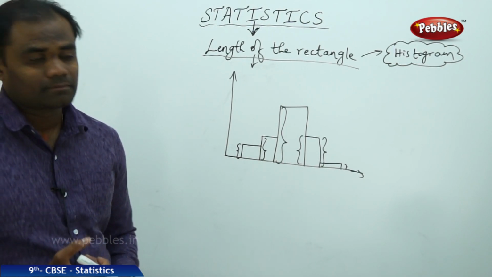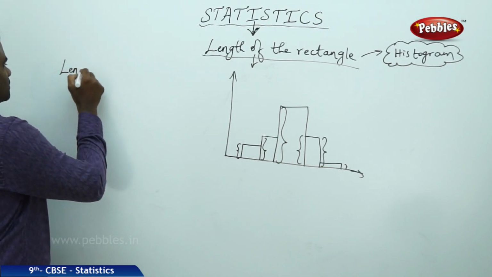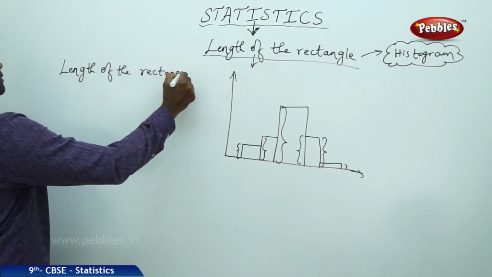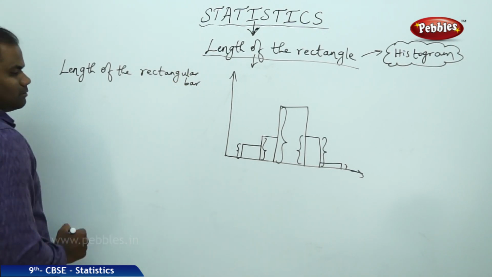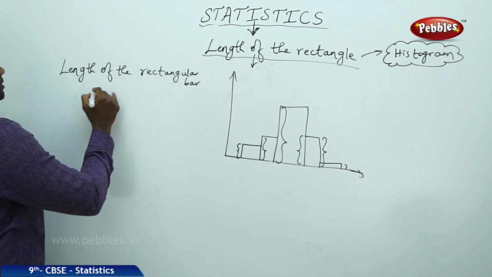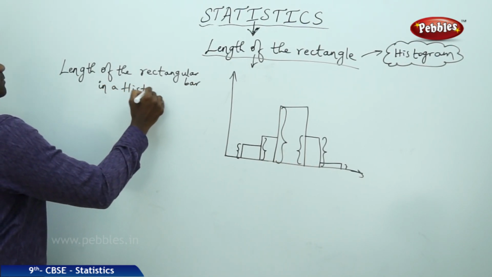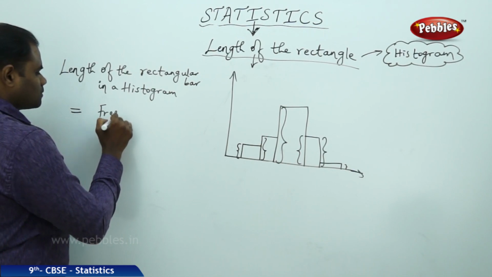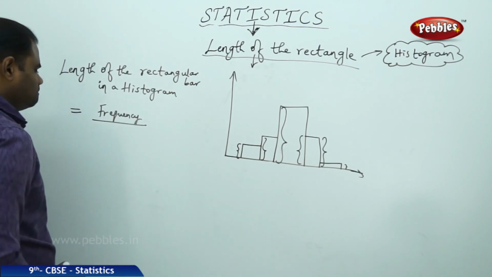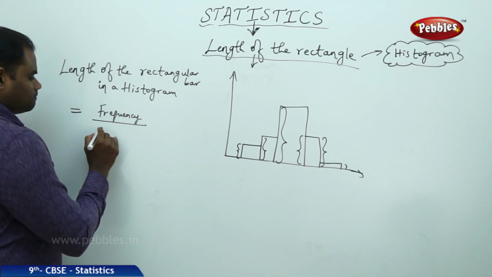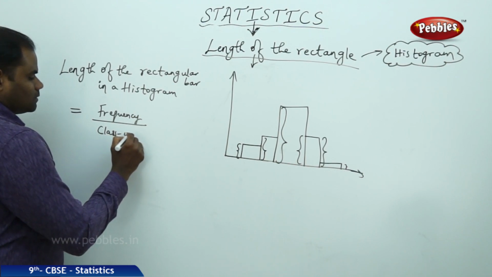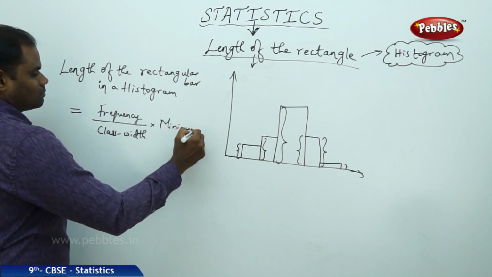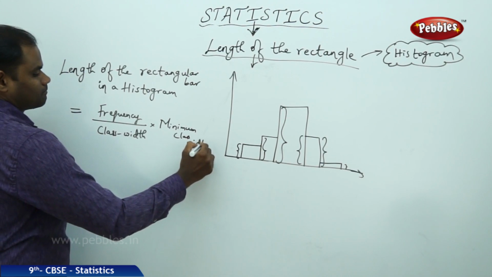So here we have a formula which says the length of the rectangular bar of that specific bar in a histogram is given by frequency by class width into minimum class width.